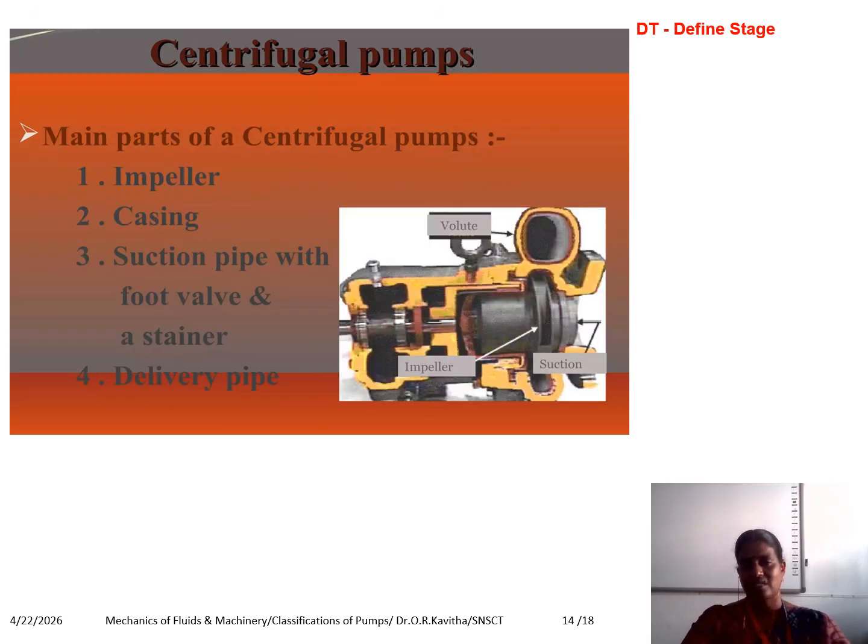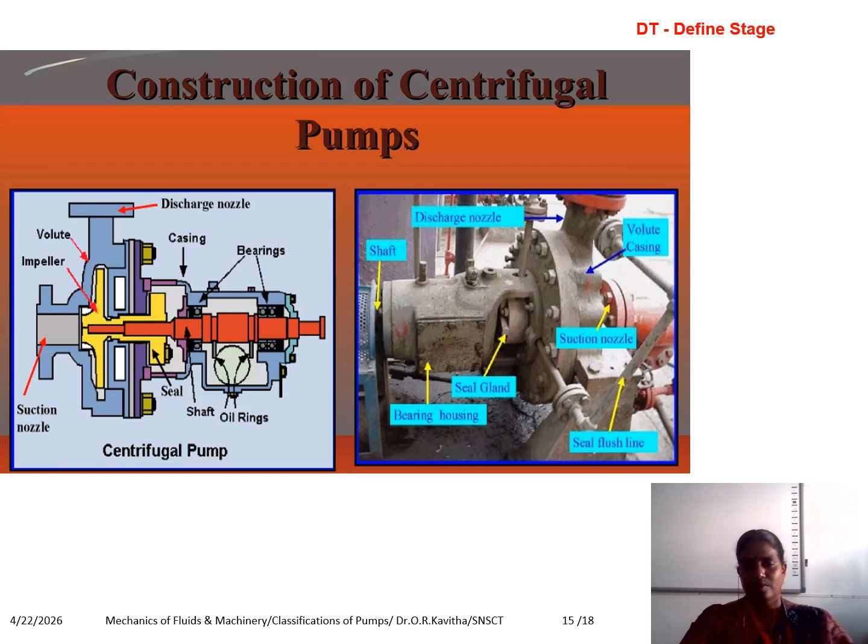These are the components. There will be the impeller, and the casing will be outside, and there will be a suction valve and also the suction pipe, and the delivery pipe with the delivery valve. Here you can see a sectional view of the centrifugal pump.